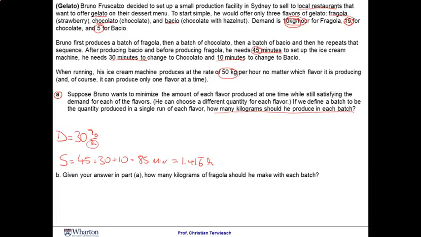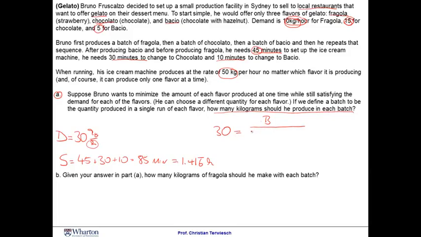Alright, now we want to solve for the batch size. We know that the flow rate in the process is going to be 30 kilograms per hour. The batch size is the unknown, the variable that we're going to solve for. And if you use our equation here, the batch size divided by the setup time plus the batch size times the processing time.